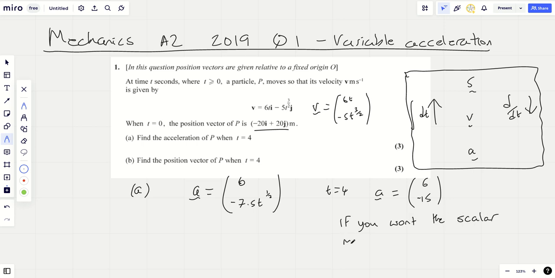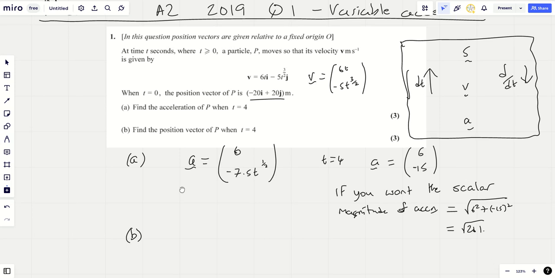The magnitude of acceleration equals the square root of 6 squared plus 15 squared, which is 225 plus 36, which is 261, so root 261. So that would be the magnitude, but I think the vector's fine.